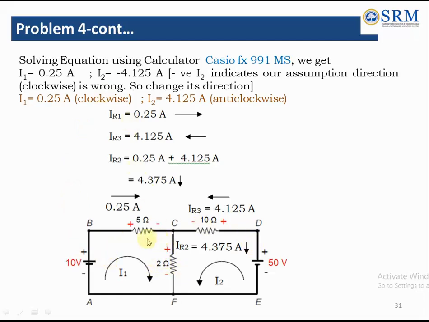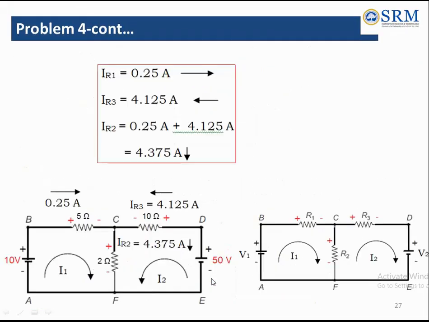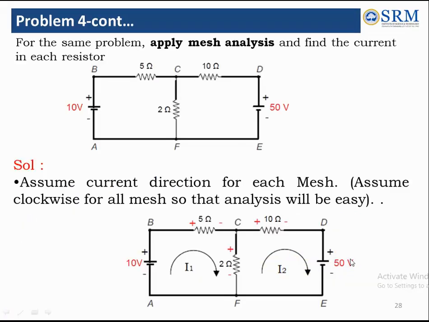Actually we have found I1 and I2, right? We have to find the current that is flowing across R2 also. When we compare this circuit with the original representation R1, R2 and R3, we have found I1 and I2, but the current flowing across R2 is the combination of I1 and I2.